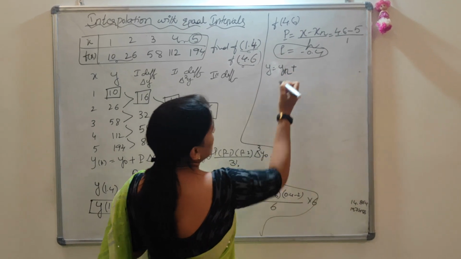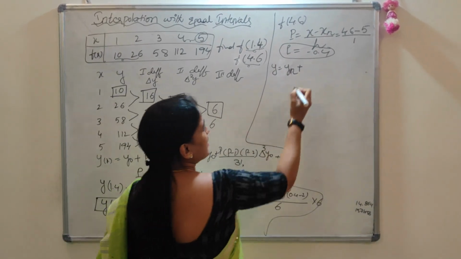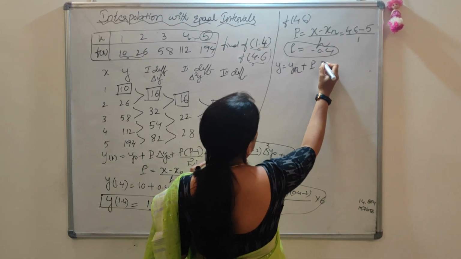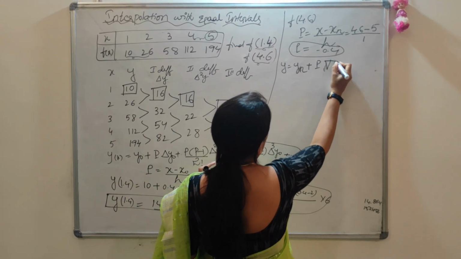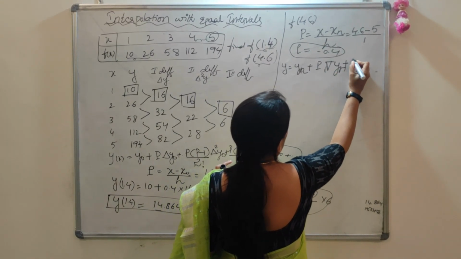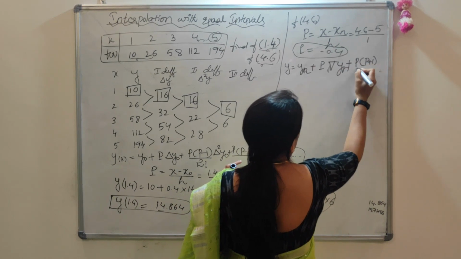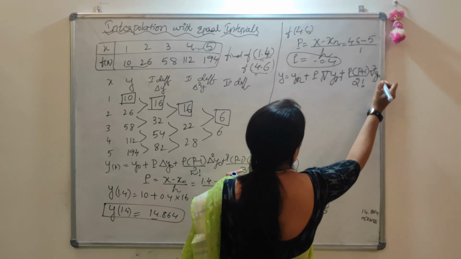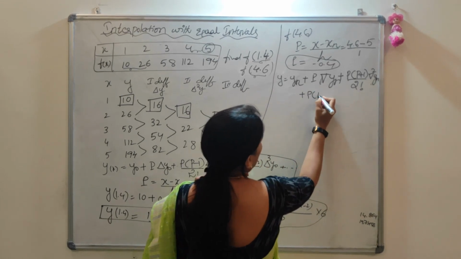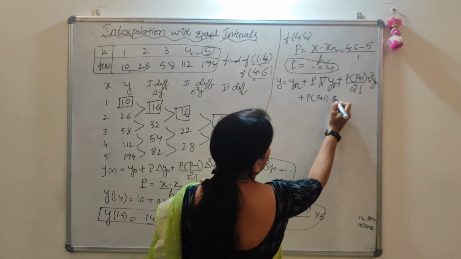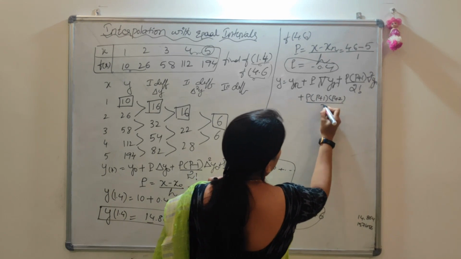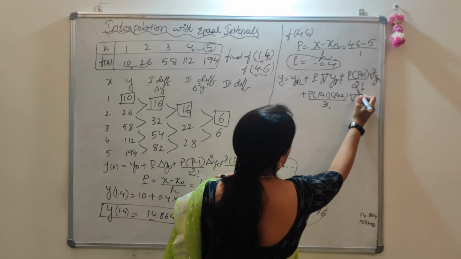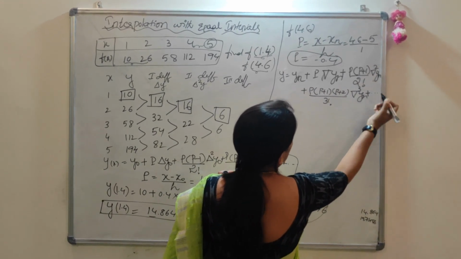Forward means y naught, backward means yn, plus p into nabla yn plus p of p plus 1 by 2 factorial into nabla square yn plus p of p plus 1, p plus 2 by 3 factorial into nabla cube yn, and so on.